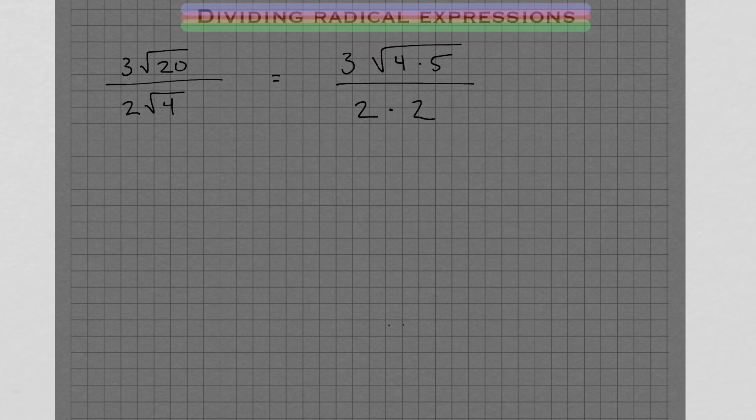Here we have a square root and a square. 4 is a square, 2 times 2, so we can take that out. Essentially that gives us 3 times 2 times the square root of 5 divided by 2 times 2. Now at this point we just cancel. So we get our answer here, 3 times the root 5 divided by 2.